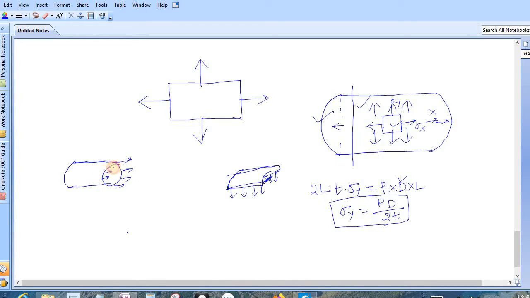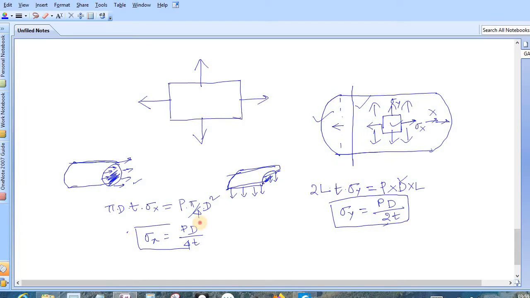So if the thickness is again T, the total area for this stress is pi multiplied by D diameter into thickness T. Let's say this is sigma x. It must be equal to the total pressure distribution P times the area pi by 4 D square. So your sigma x is coming as P D divided by 4T.